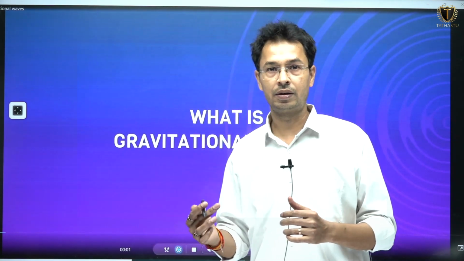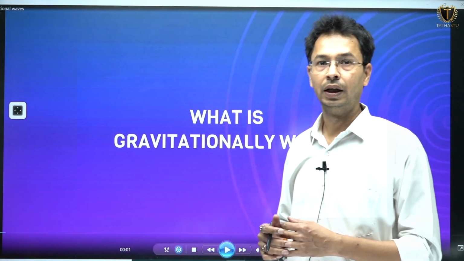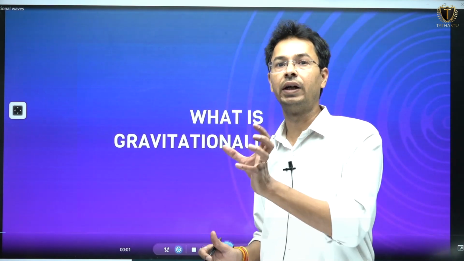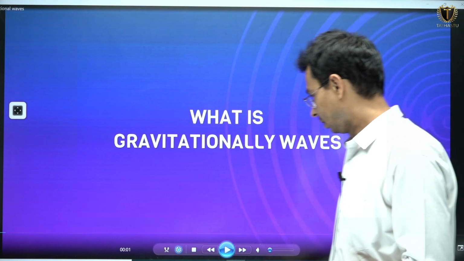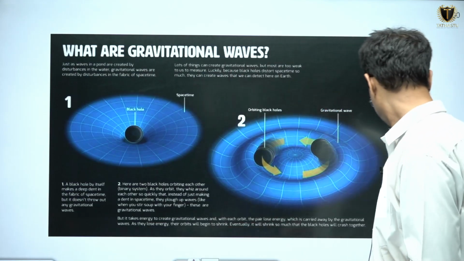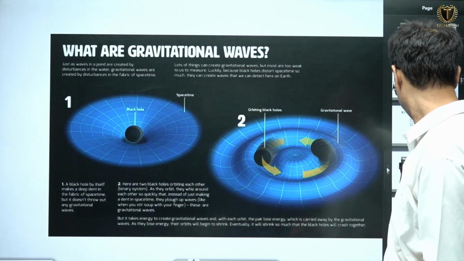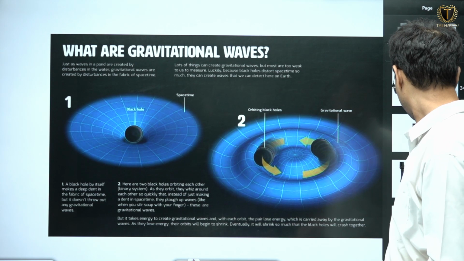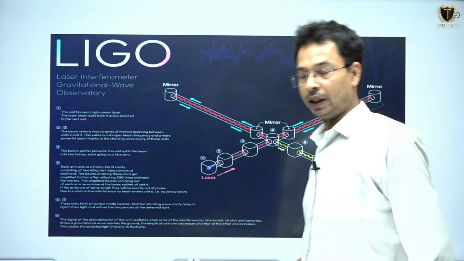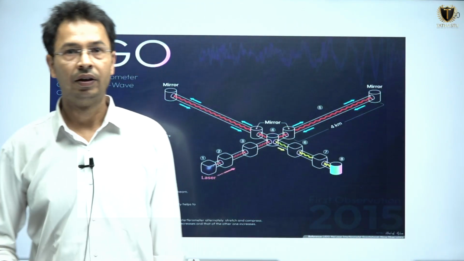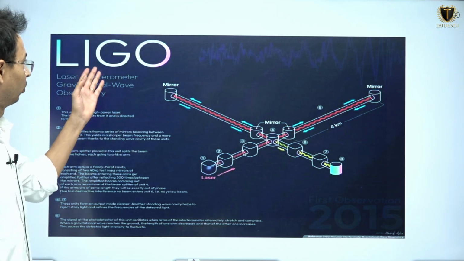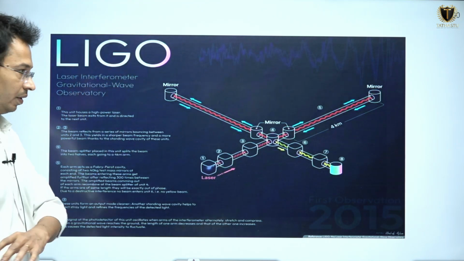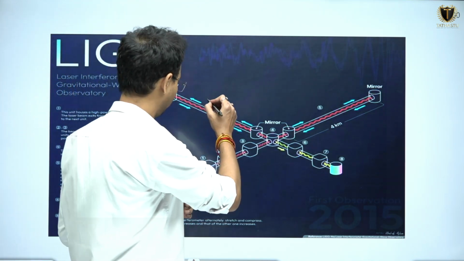So now let us discuss how we detect gravitational waves. To detect gravitational waves, we have LIGO, the Laser Interferometer Gravitational-Wave Observatory.